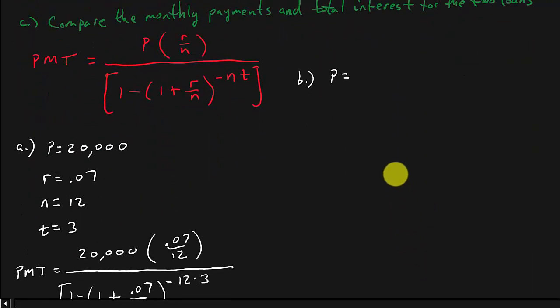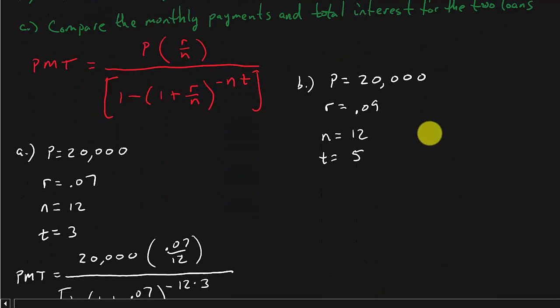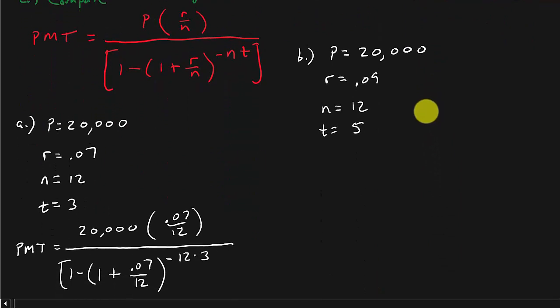So P would still be 20,000. For loan B, R is 9%, so that's 0.09. N is 12, since these are monthly payments. And T is 5 years, so T is 5.